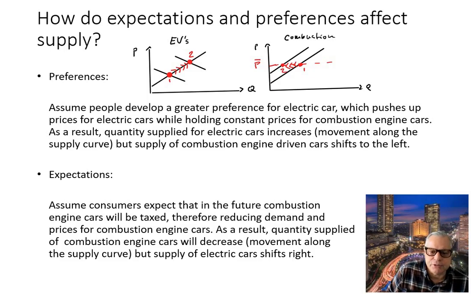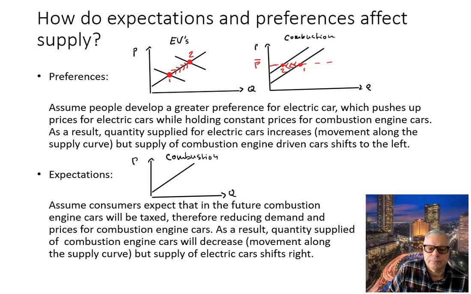So now we start with the combustion engine cars, and people expect that they are going to be taxed. Okay, so now here we have the combustion engine. So consumers expected in the future combustion engine cars will be taxed, therefore reducing demand.